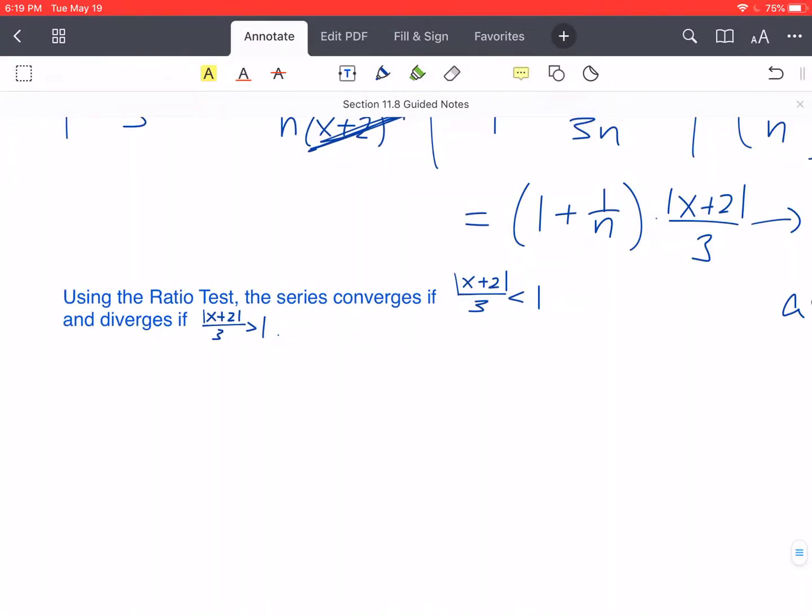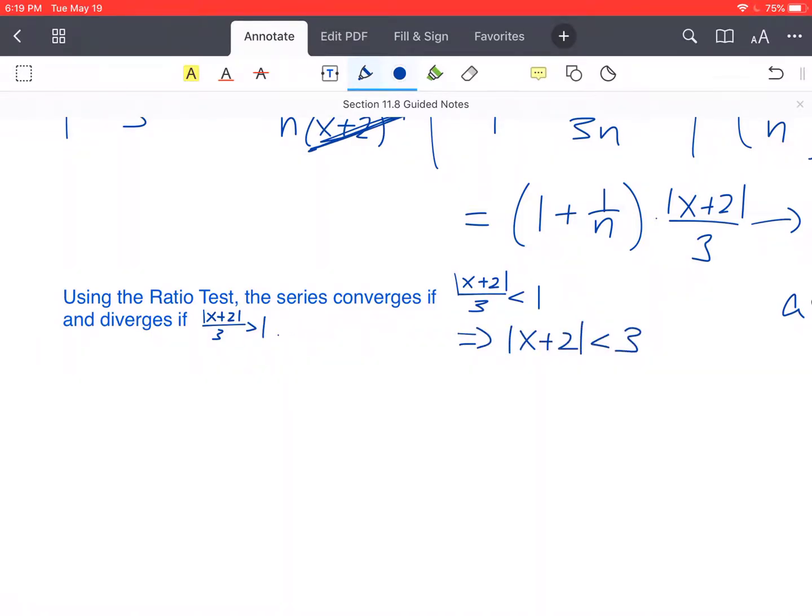All right, so those are our two conditions. If we go ahead and multiply both sides by the 3, this will give us the absolute value of x plus 2 less than 3, and the absolute value of x plus 2 greater than 3.